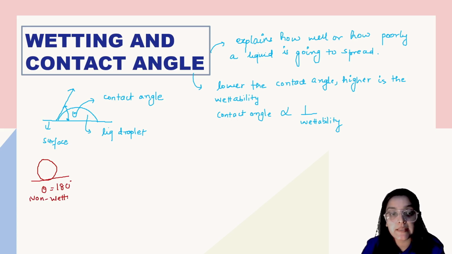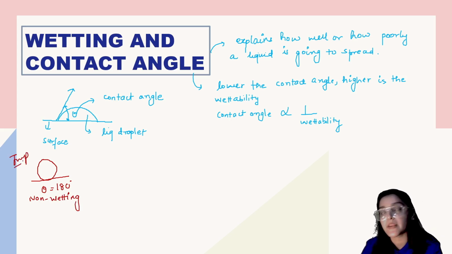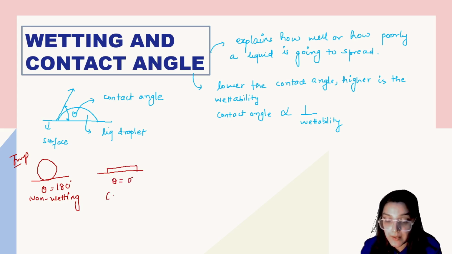This is a very important thing from your exam point of view. Kindly note this down: if the angle is around 180 degrees, then no wetting will take place. Suppose the angle is 0 degrees, then there will be complete wetting.